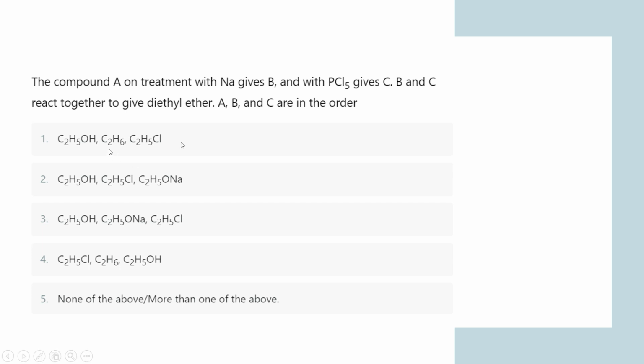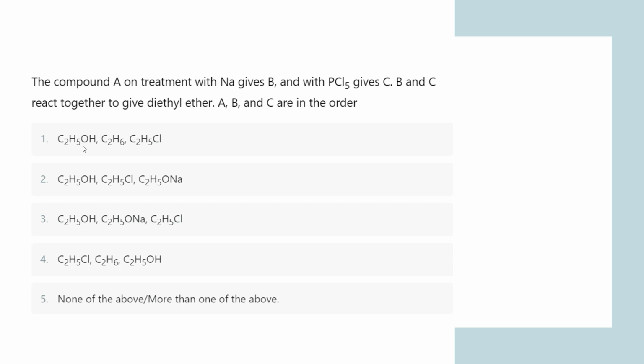So let us go through the options one by one, and we will try to check which are the compounds that we are talking about in this question as A, B, and C. Okay. So if we talk about option number 1, it is ethanol. Okay, suppose ethanol is the A here.